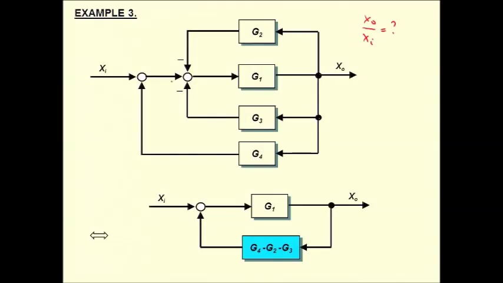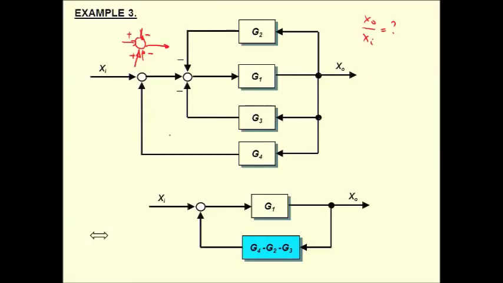So just to be clear, what I've done is combine these summing junctions together. So it looks like plus, minus, minus, giving me the result, this one here. And they're in parallel, so I can add or subtract the transfer functions together according to the sign of the signal going into the summing junction. So the positive feedback one was G4. Did I do that right? There's one more.